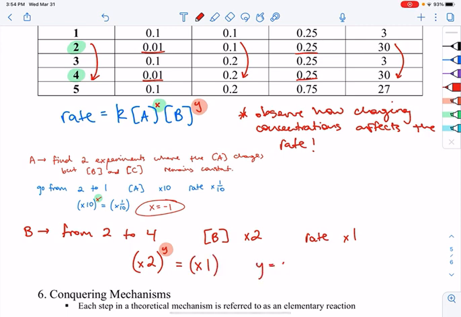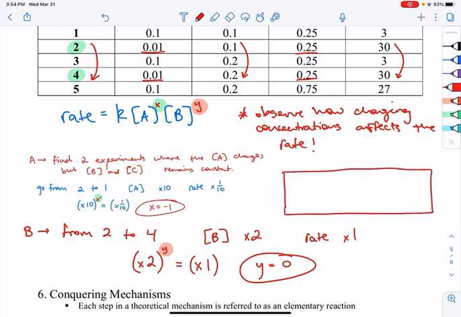That means that y has to equal 0 because it doesn't affect the rate. Changing the concentration of B obviously didn't change the rate at all. So now we can rewrite this rate law. Rate equals K, A to the -1, B to the 0.